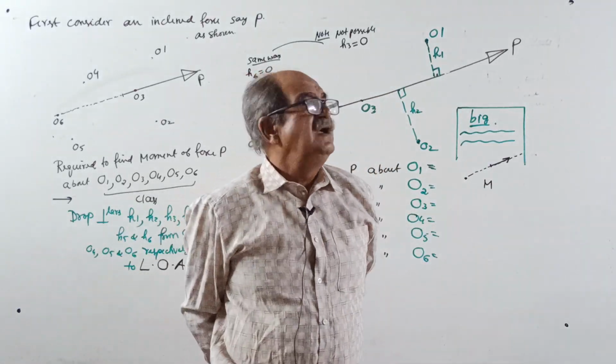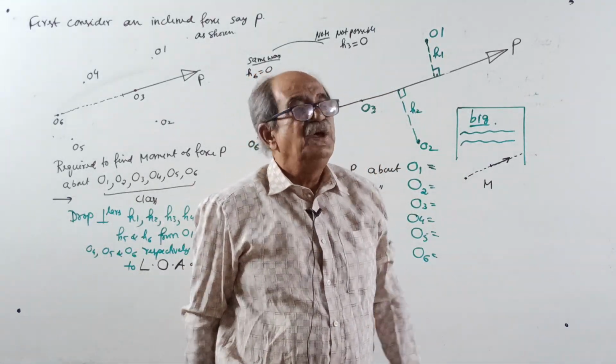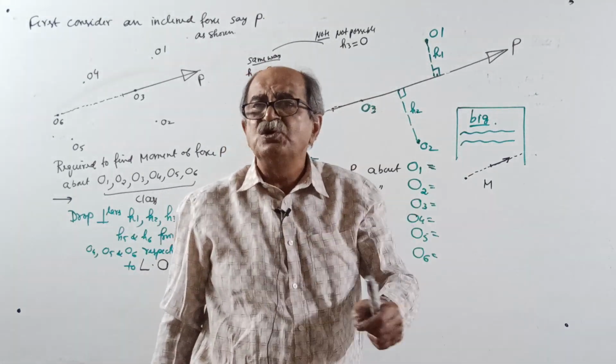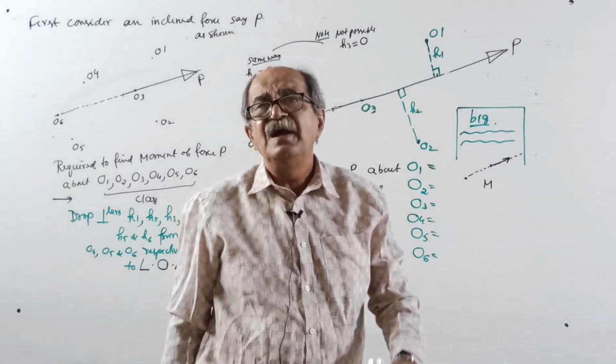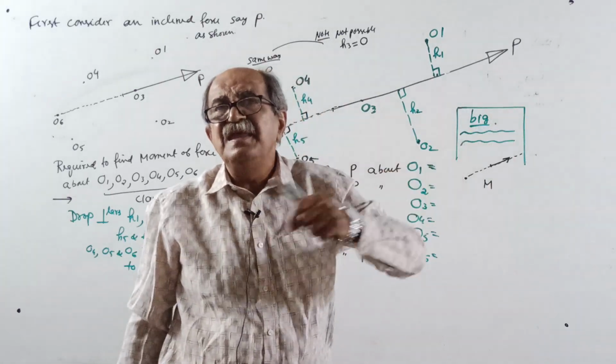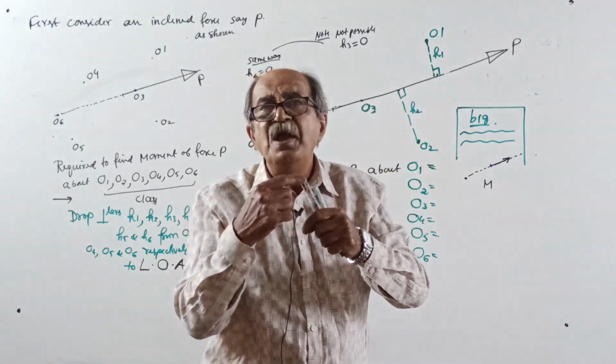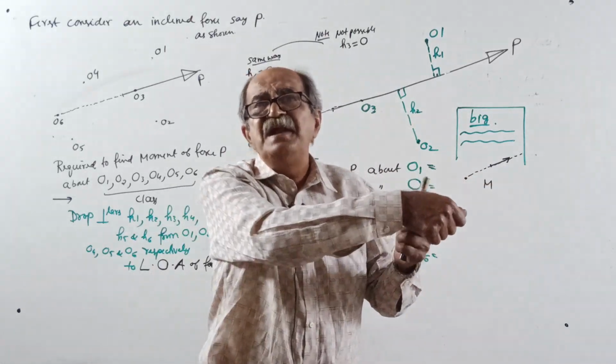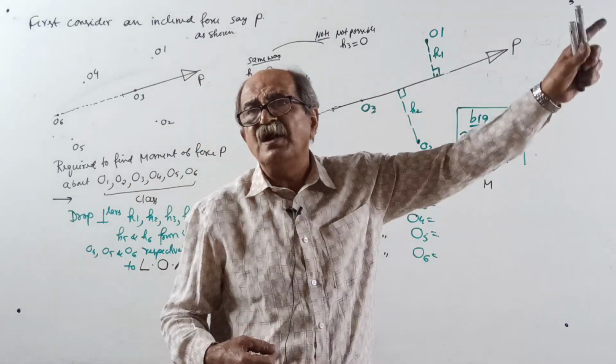Moment of a force about any point which either lies in the line of action of the force marked or lies in the line which will coincide with the line of action of the force if you extend it either backward or forward.